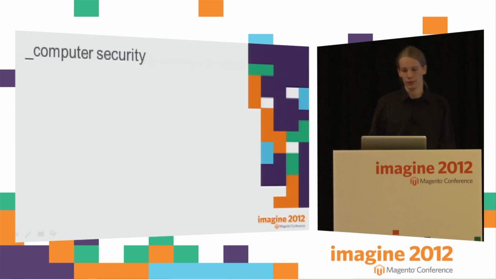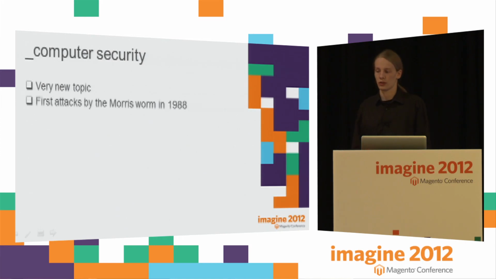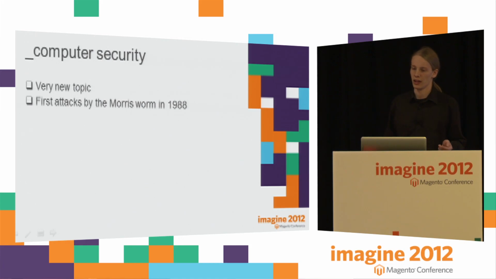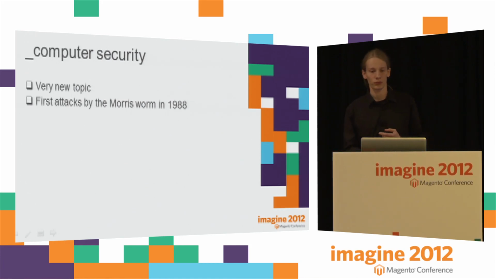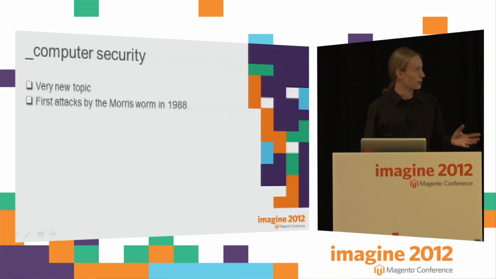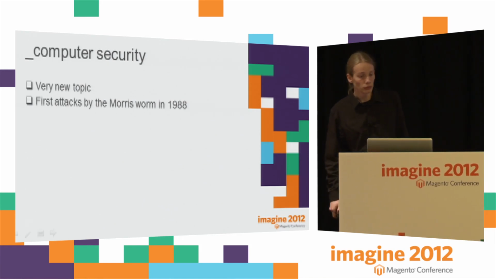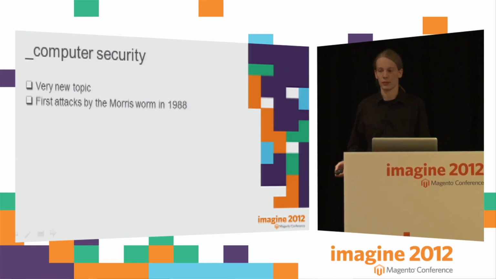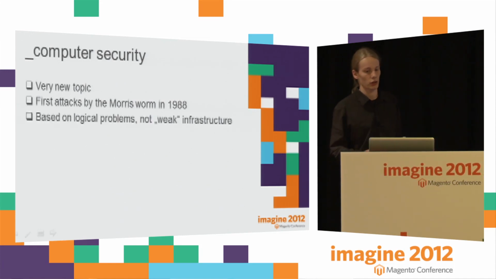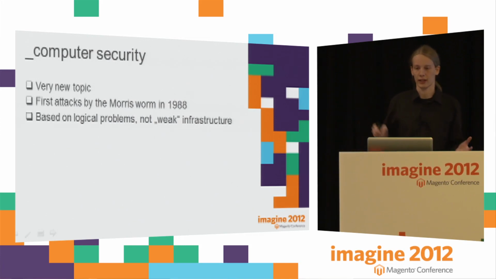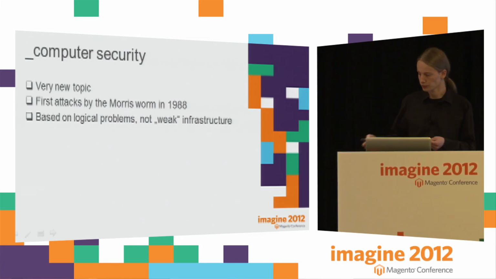Okay, computer security. This is for sure a very new topic. The first attack on computer security infrastructure was the Morris worm in 1988. This was basically the first real attack. It was a worm, and this was a time when everyone had an administrator account with the password admin. But that was the time when people started to think about computer security. Compared to, for example, security in a car, computer security is based on logical problems and not something like weak material.